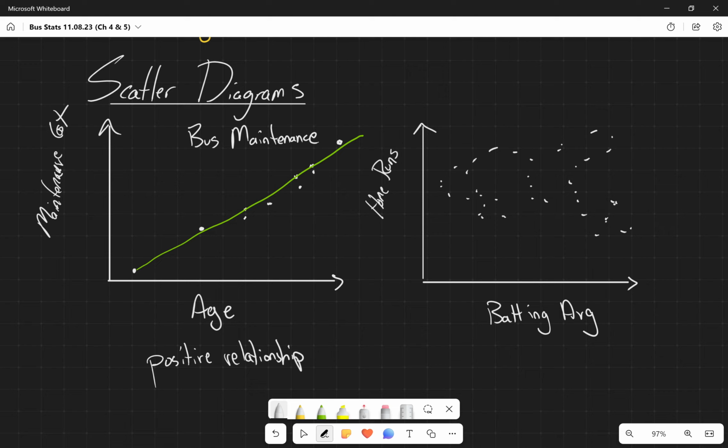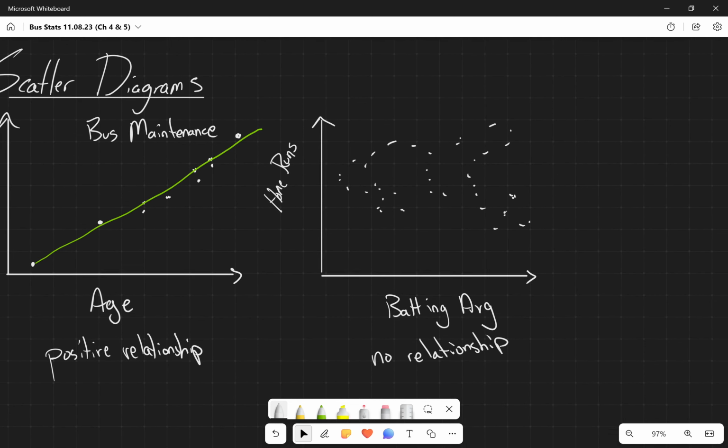So there is no clear relationship either going up or going down. This is just kind of a scatter shot. So in this, there's no relationship. And there's no trend line for us to estimate.